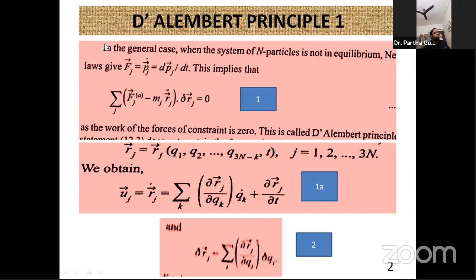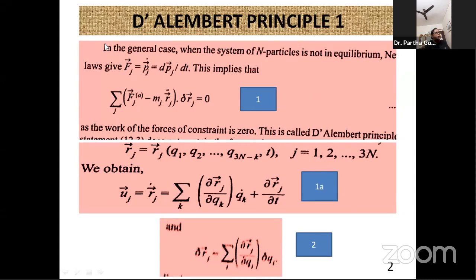With one constraint equation, the number of independent coordinates required to locate the position of the particle will reduce to two. The better coordinates are the spherical polar coordinates r, theta, phi, so maybe r, theta.